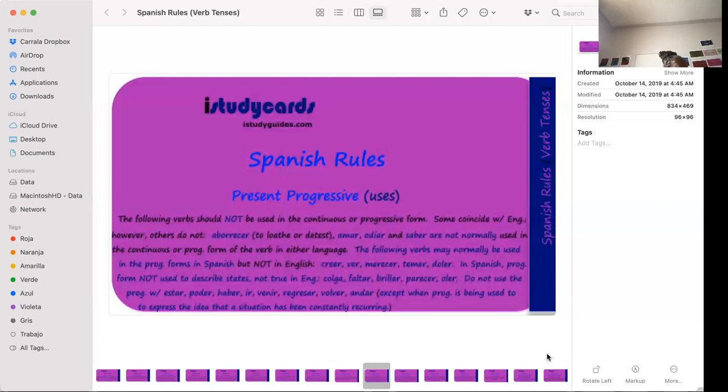In Spanish, the progressive form is not used to describe states. But this is not true in English. States versus actions. In English, you can use the progressive form to describe states: colgar, faltar, brillar, parecer, oler.